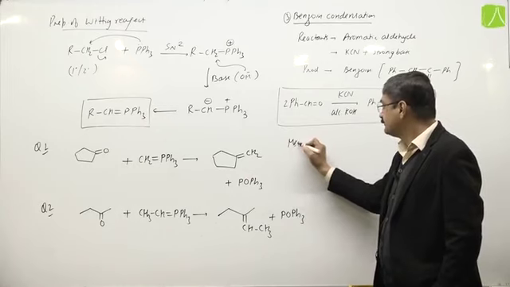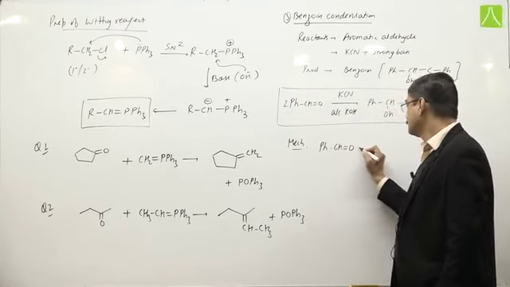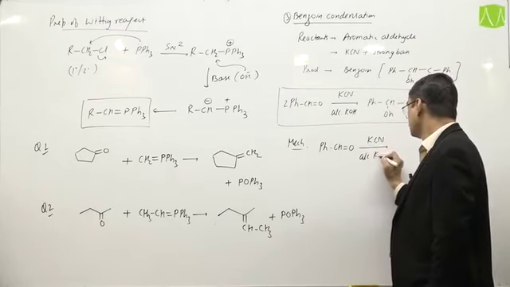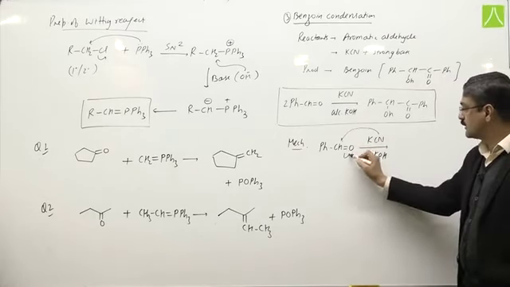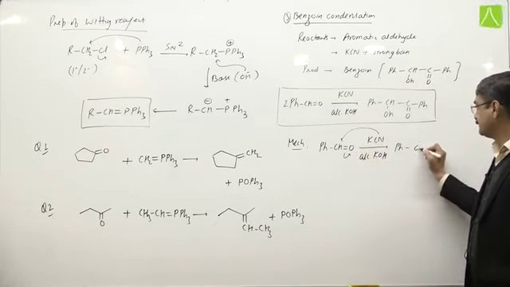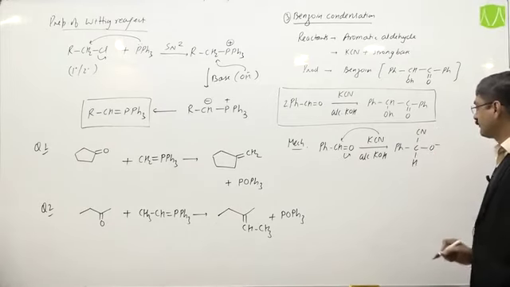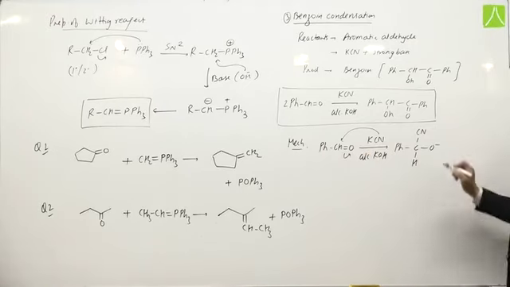Now mechanism. KCN attacks the carbonyl carbon. This is a nucleophilic addition. CN minus attacks the carbonyl carbon and it is converted to O minus.